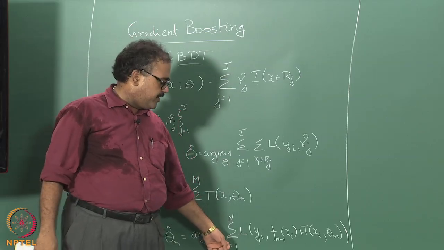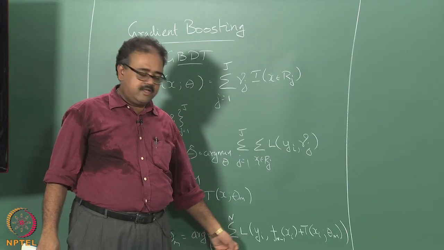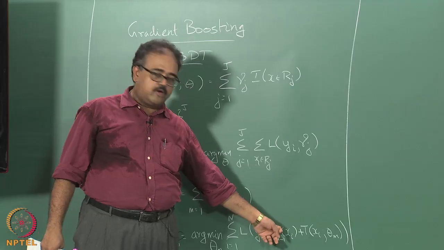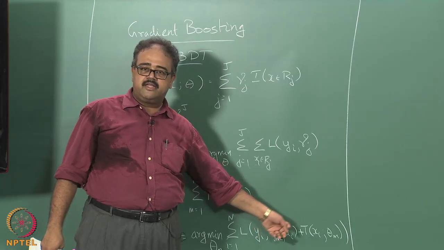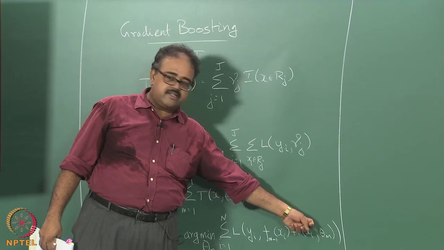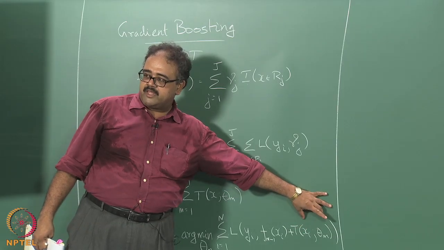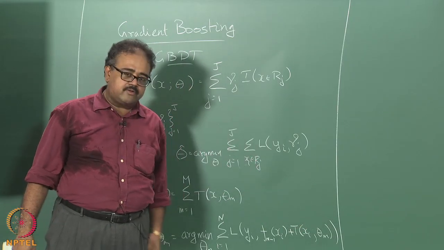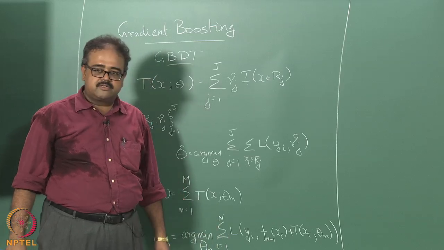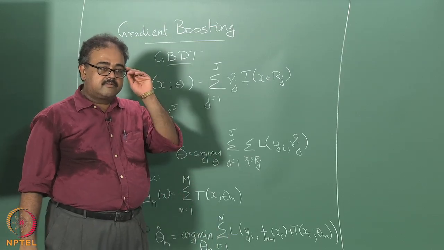So, for every data point in my training data, I look at the yi, I look at the output produced by the m minus 1 stage tree, and I look at the value added by the mth tree to that, and then I compute the loss function. Make sense?